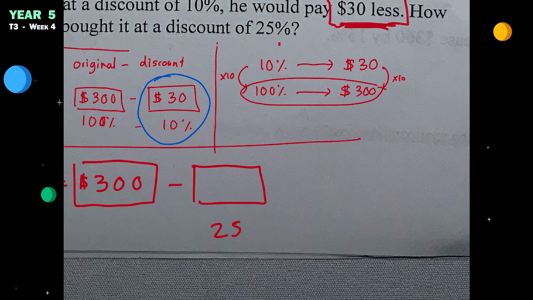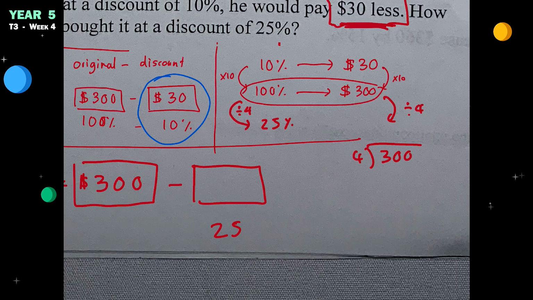If 100% is 300, then to get 25%, I divide by 4. So 300 divided by 4. 30 divided by 4 is 7. 4 times 7 is 28. Take away, you get remainder 2. 20 divided by 4 is 5. So therefore, this must be $75. Okay. So 25% is $75.